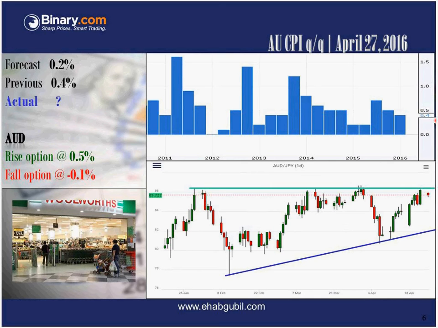If the actual release is minus 0.1% or less, we will wait to see 30 pips at least downwards, and then wait for a decent retracement within the first 30 minutes, and then enter the market regardless of support or resistance levels.